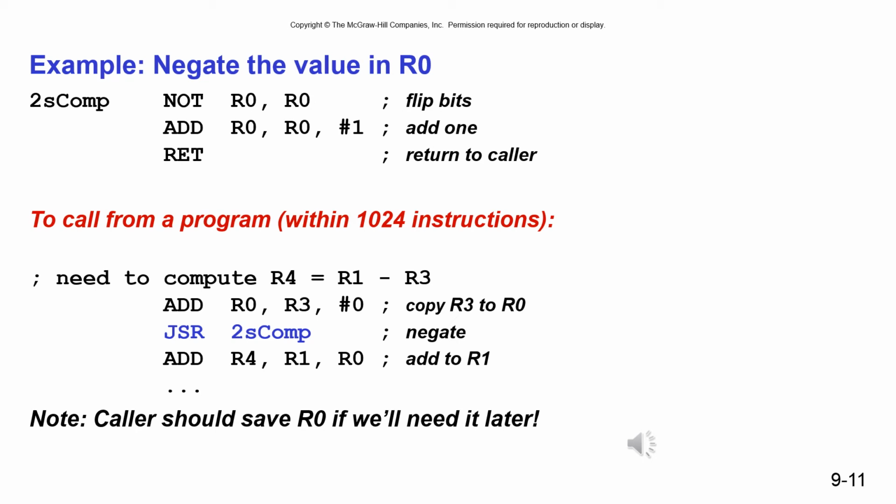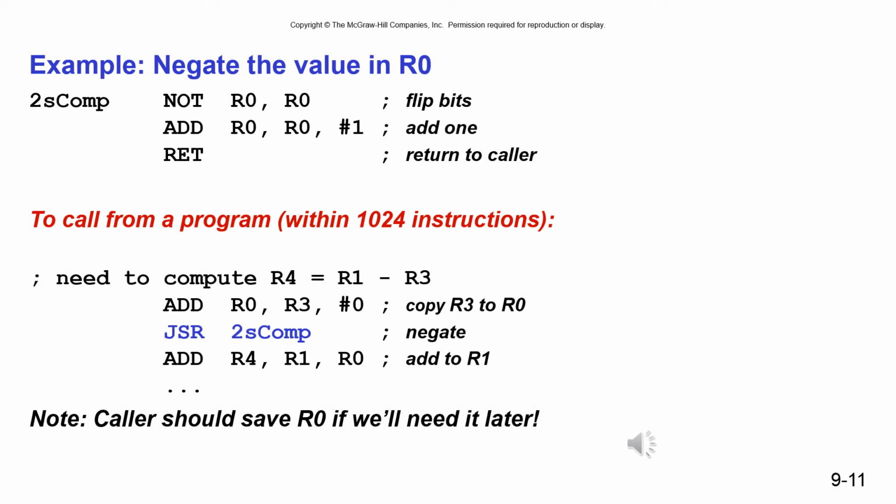So we move R3 using ADD R3, #0 to R0. So we're moving the argument to R0. Then we're using JSR. Now we're assuming that the code for the subroutine is within 1024 instructions. There's that value I couldn't remember. That's the leash or the limit of the 11-bit offset. Otherwise, we'd have to use JSRR.